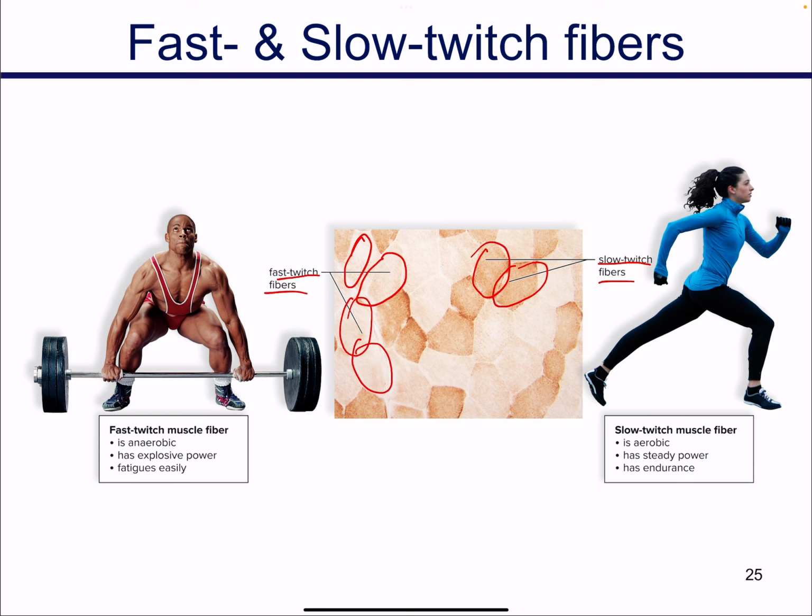So, now, the fast twitch fibers are these fibers that work very well in anaerobic condition. They work very well in an anaerobic condition because they rely a lot on fermentation and creatine phosphate.